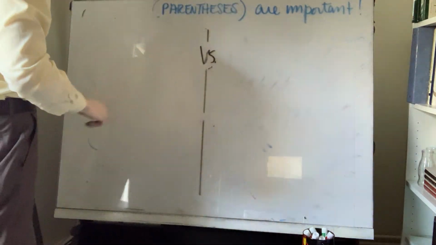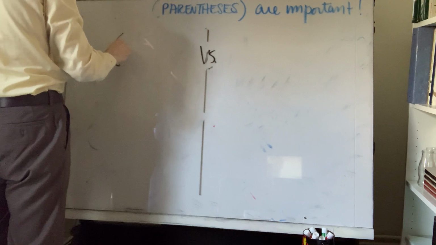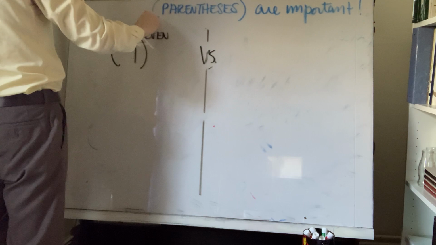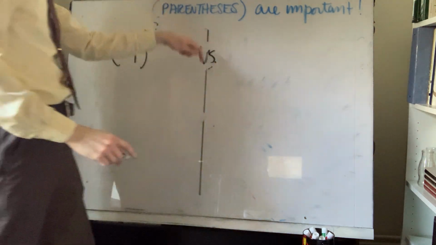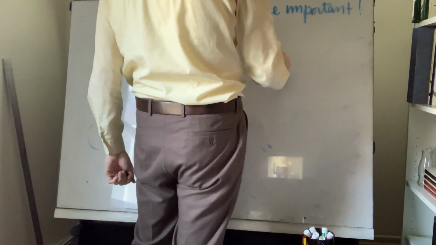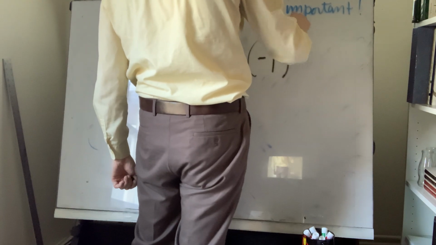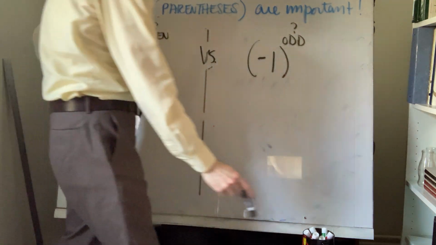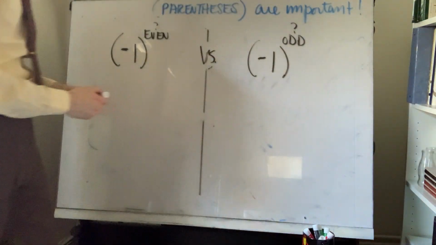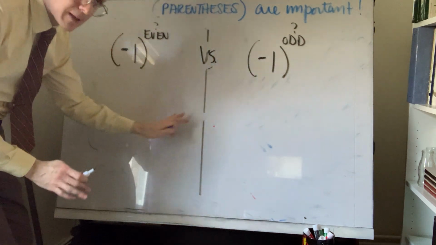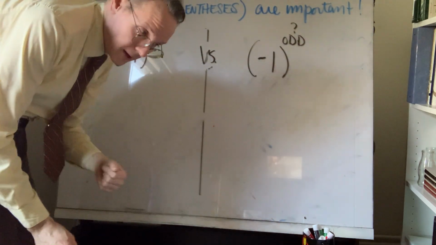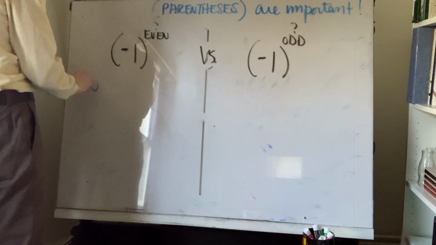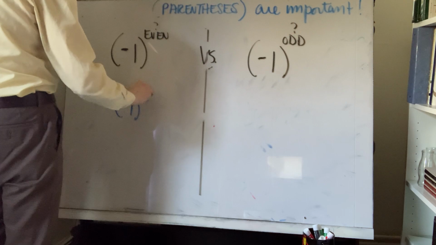Suppose that you had this, -1 encapsulated, and it was an even, nondescript number here, versus the situation when also encapsulated -1, but it's an odd exponent. Let's think of the easiest example of each of these, because that will basically help us contrive a rule. As an example, -1 squared.